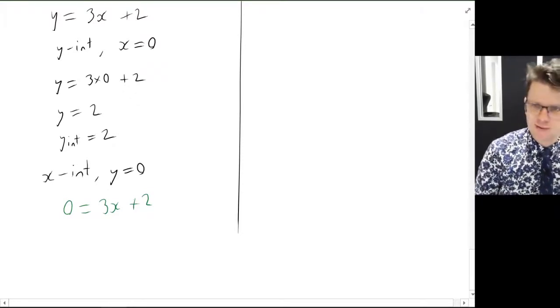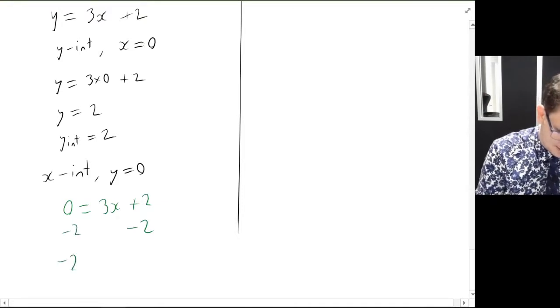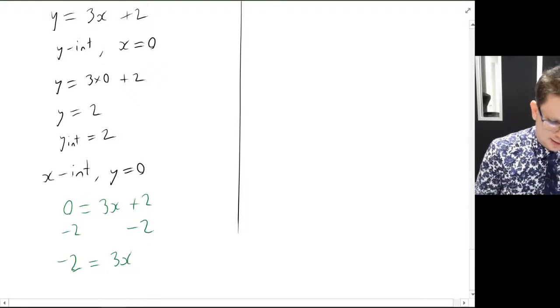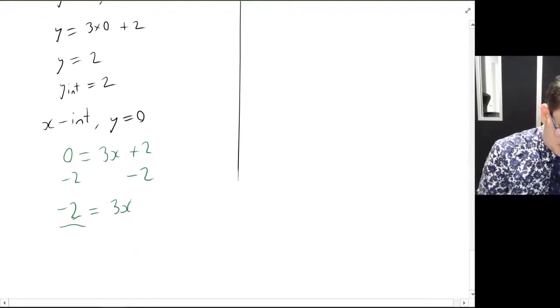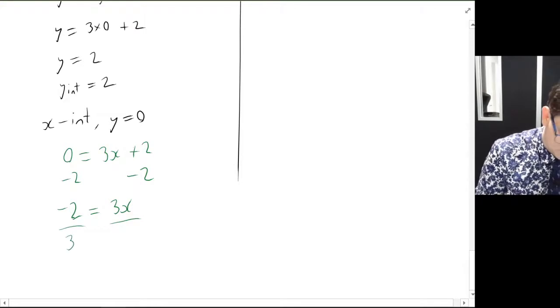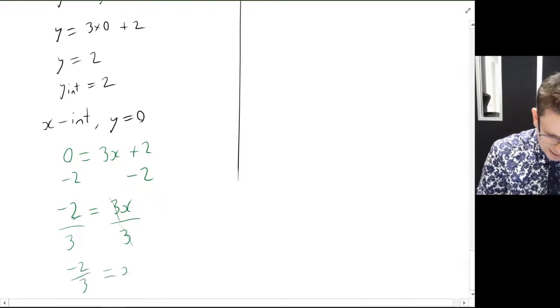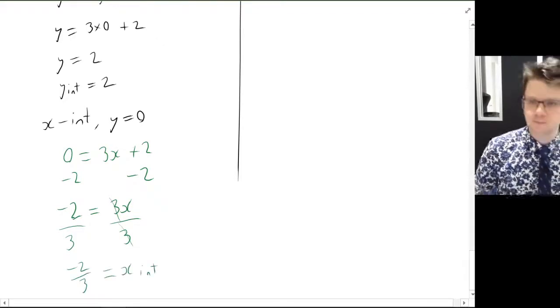Well, the first thing I need to do is take 2 from both sides. So it's going to leave me with minus 2 is equal to 3x. And now I'm going to divide both sides by 3. It's going to cancel that out, and I'm going to be left with negative 2/3 is my x-intercept.